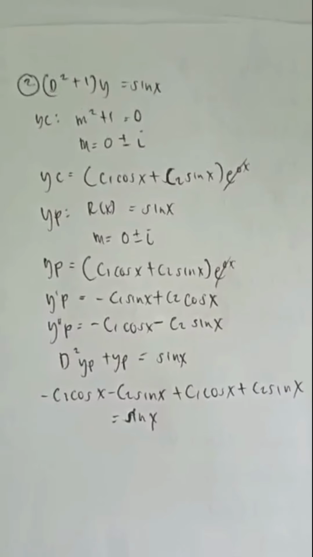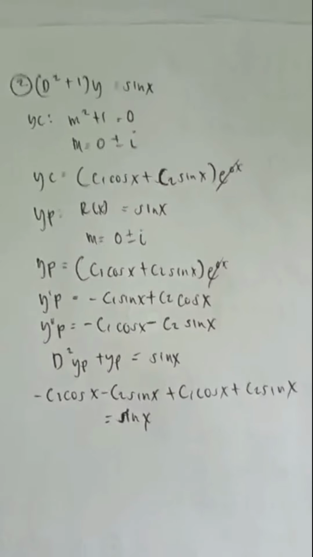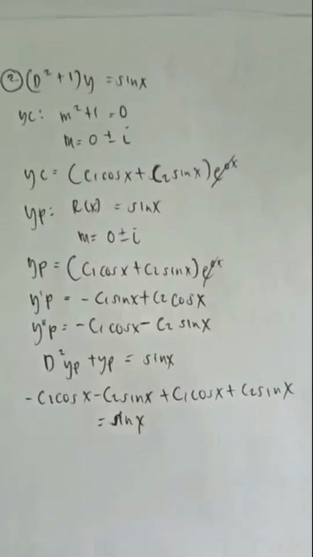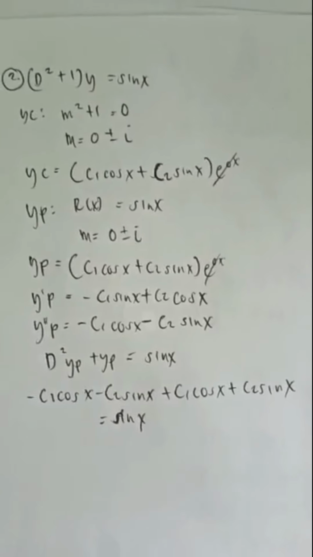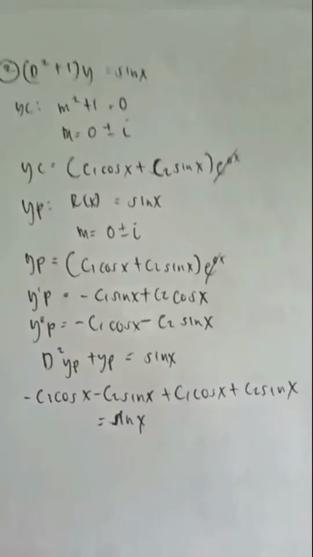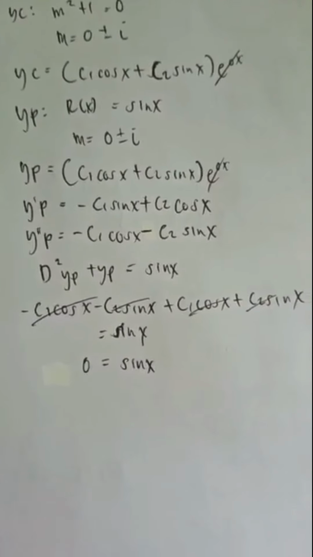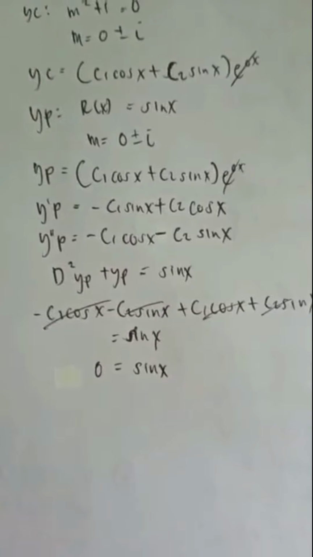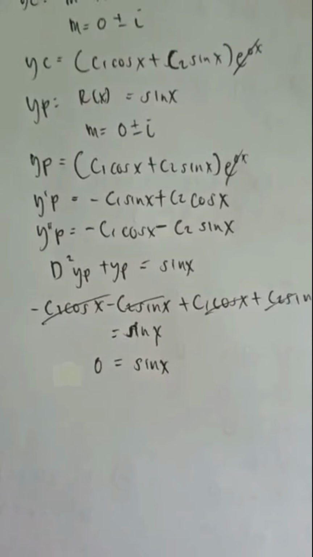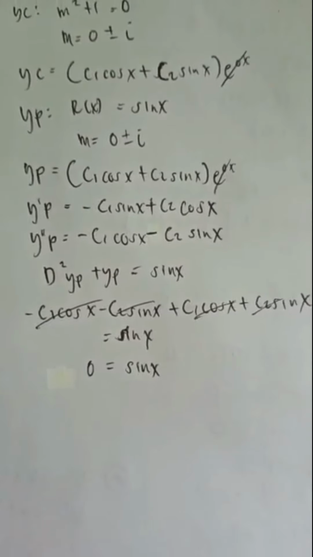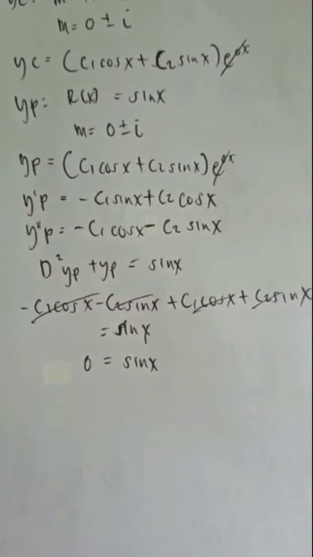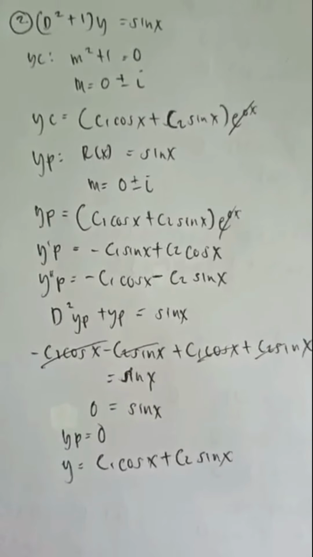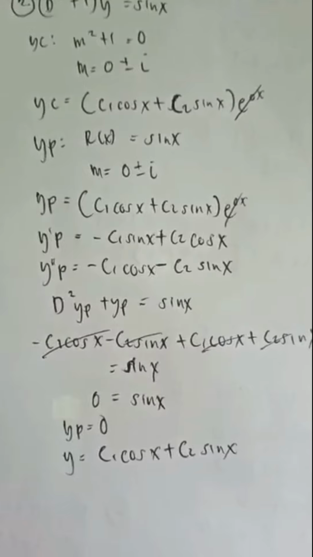So, magiging negative c1 cosine x minus c2 sine x plus c1 cosine x plus c2 sine x is equal to sine x. Lahat ng mga nandito sa left na part ay maka-cancel out. So, magiging 0 siya. So, 0 is equal to sine x. So, yp is equal to 0.